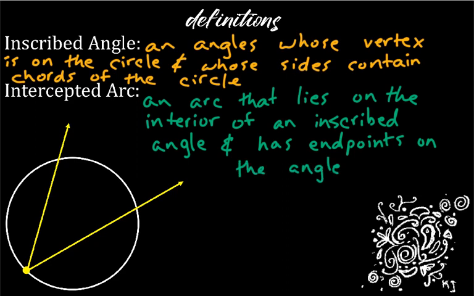So in this diagram, our intercepted arc is right here, and here are those points that are the endpoints of the angle. The angle is right there, theta.